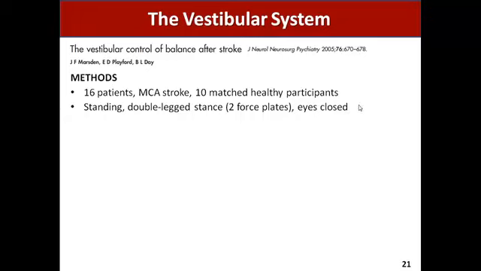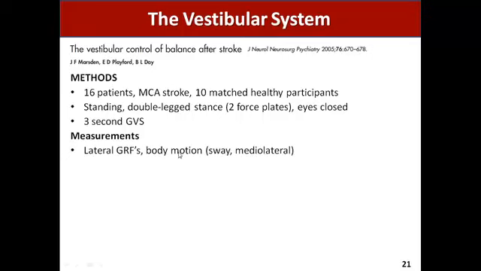The major task here is they had their research participants, their patients and their healthy controls, stand in a double-legged stance on two separate force plates, one for the right foot, one for the left foot, and they stood with their eyes closed. While they stood with their eyes closed, they applied a 3-second period of stimulation to the vestibular nerve through the mastoid processes.